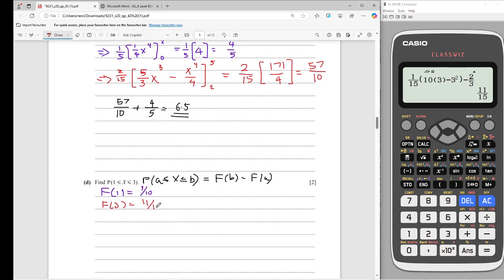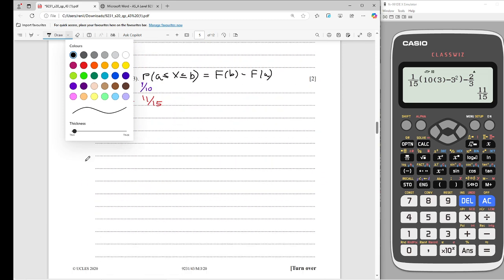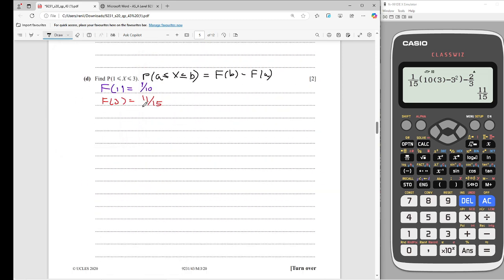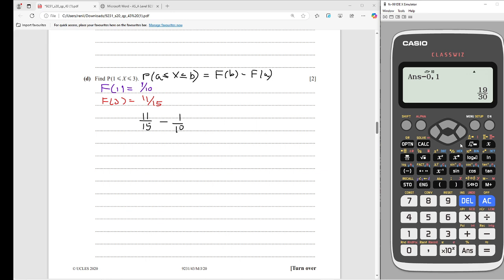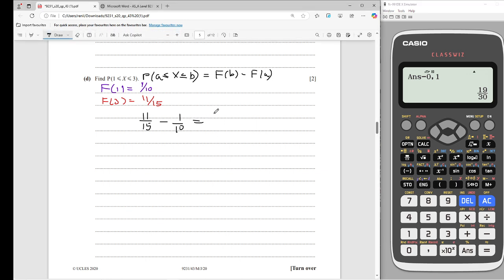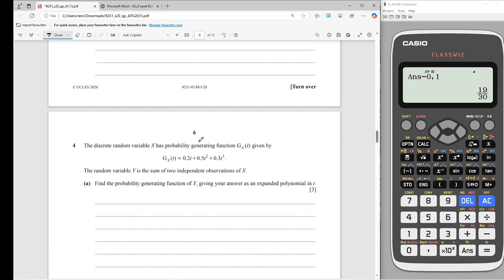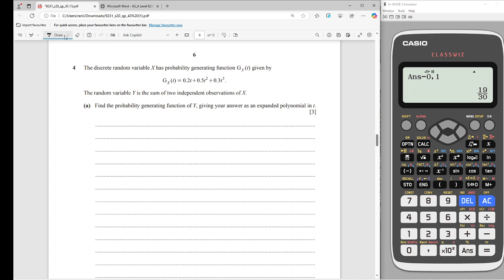And so our final value would be F3 minus F1, which is 11 by 15 minus 1 by 10, or 11 by 15 minus 0.1, which is equal to 19 by 30. And that right there is the final value, 19 over 30. That sums up all of CRV.